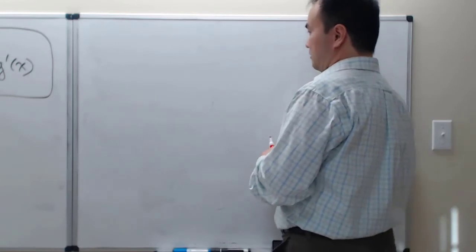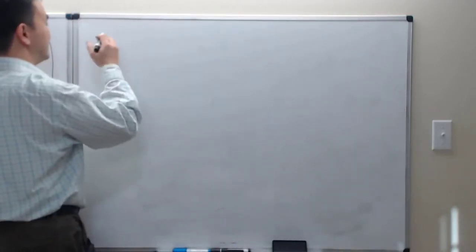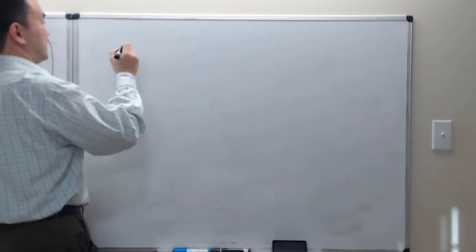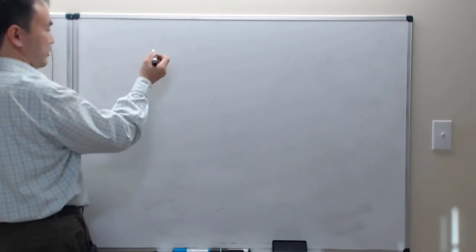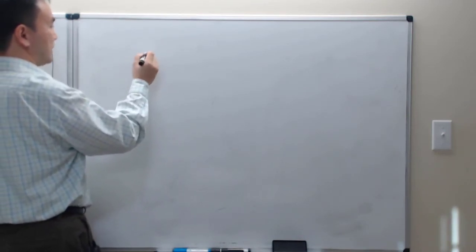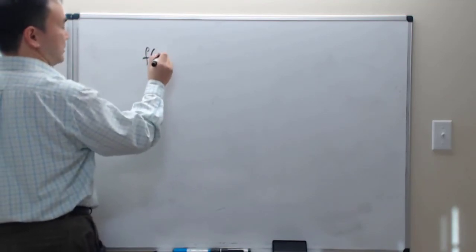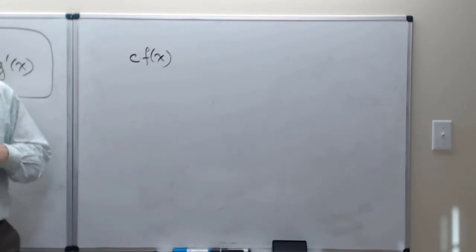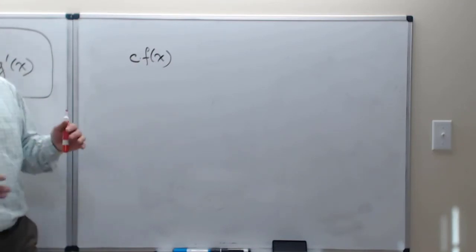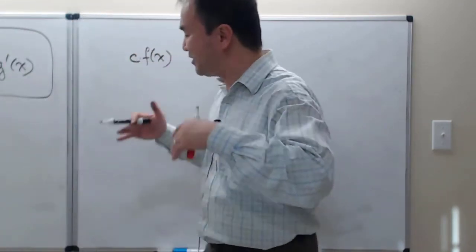All right, so now a lot of times the function that you are taking the derivative of is in the form of a function with a constant coefficient. Surprisingly, the idea is very simple, but we just have to formalize it and make it into a formal rule.